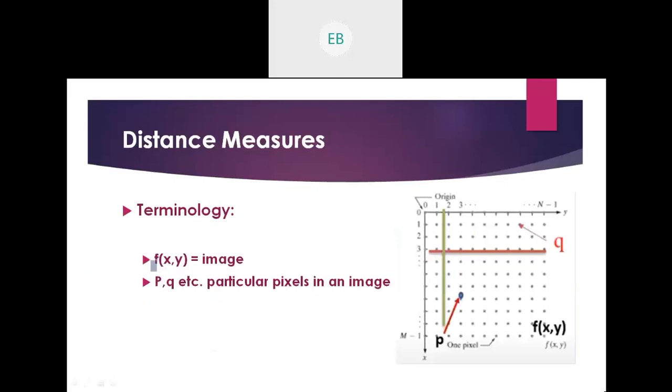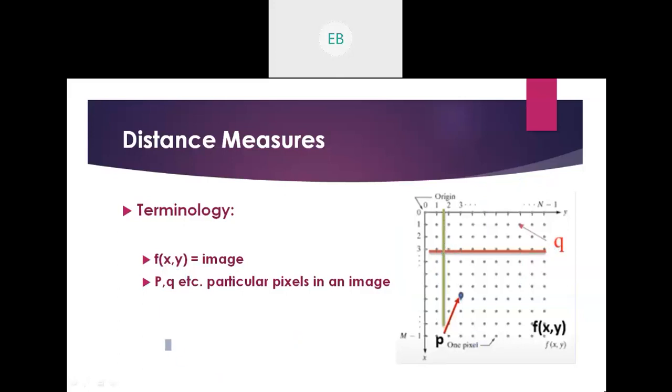Suppose f(x,y). We spoke about p, we took it as P, so let's take it as f over here. So f(x,y) is some image. An image here is represented by f(x,y), where x is the row of a pixel and y is the column of the pixel.